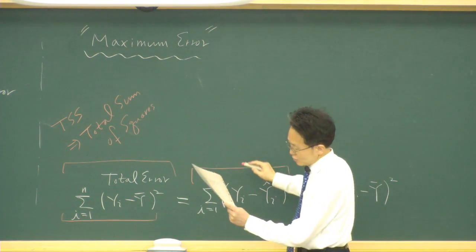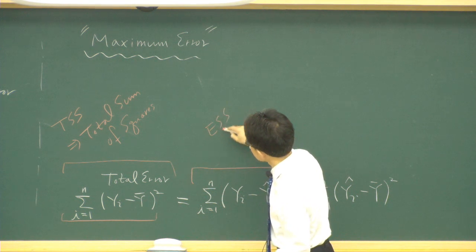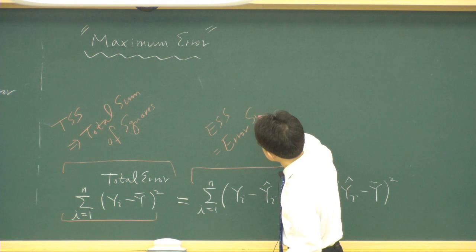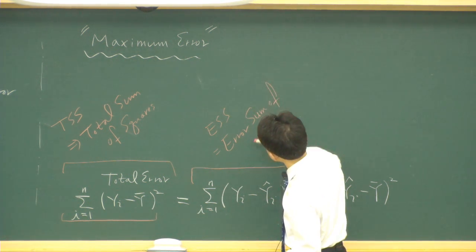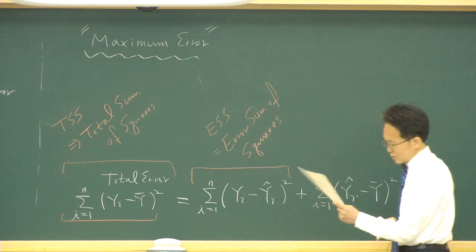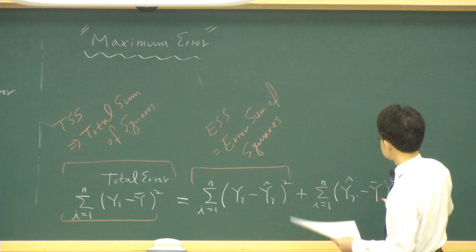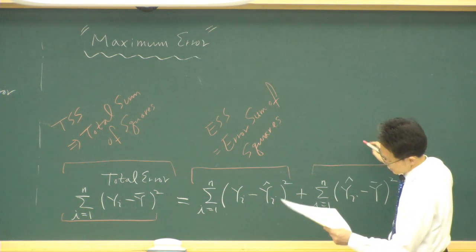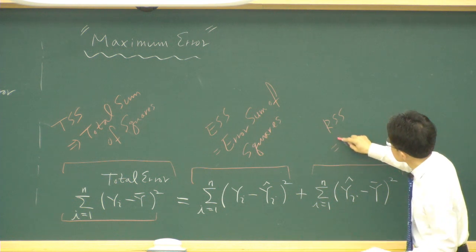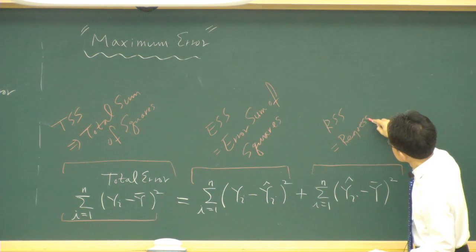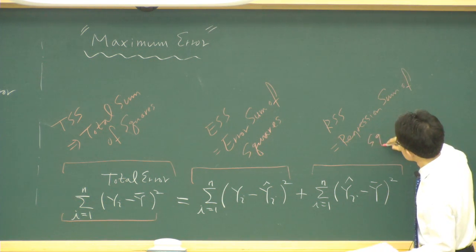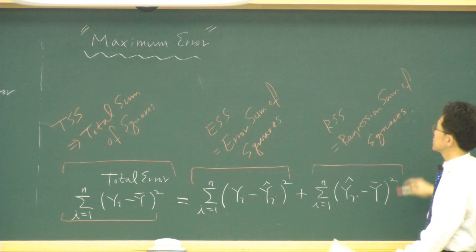And this one is called ESS. In other words, error sum of squares. And this one is called RSS, which is called regression sum of squares.